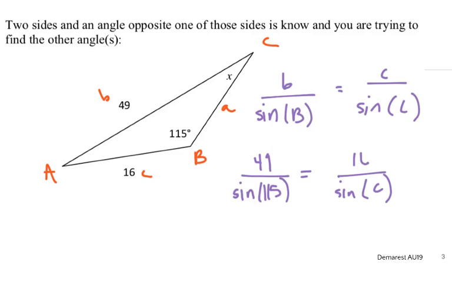Now, before we solve this, I want you to think about 49 over sine of 115. Even though it's got a trig function in there, that's actually just a number, kind of like back when we did logs, where log of 5 is just a number. We can treat it like a number. However, we're not going to calculate out what 49 over sine of 115 is, because we would have to round, because it's going to be a decimal.